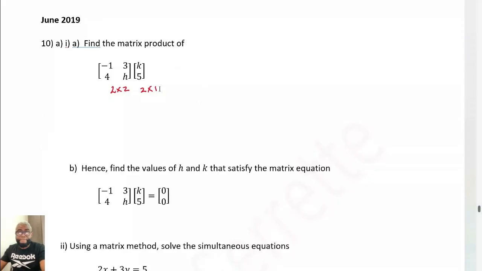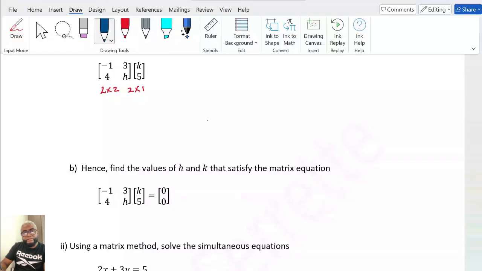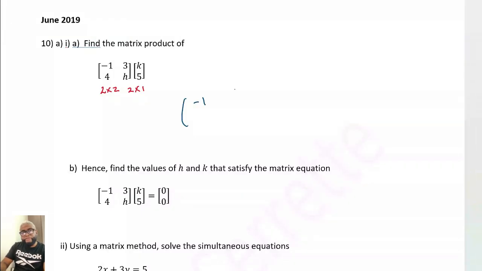So let's work. I want to write it over a little bigger. So we have -1, 3, 4, and h multiplied by k and 5. Everybody good there?